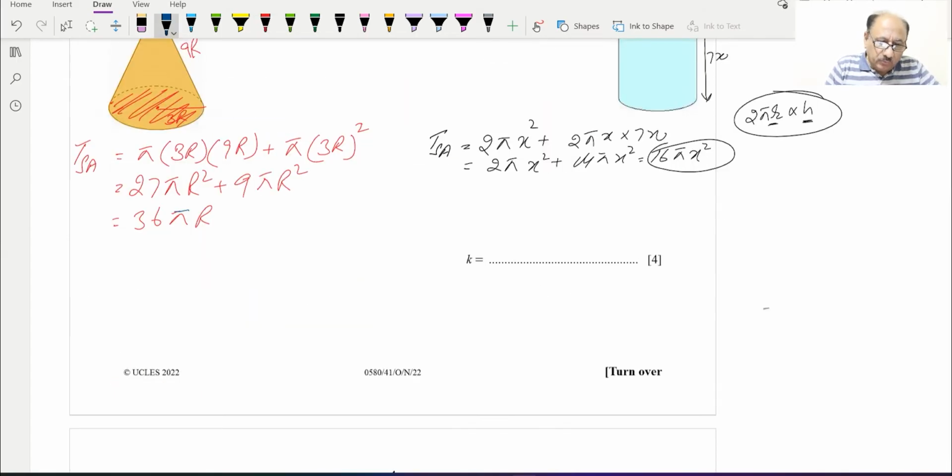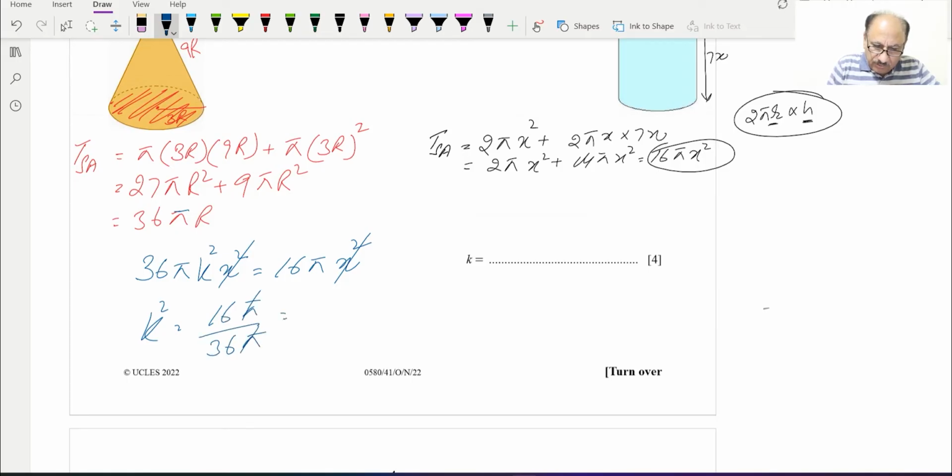By the condition of the question, we write 36 pi k square x square, substituting the r value, and this is equal to 16 pi x square. So x square can be cancelled with x square, so k square is equal to 16 pi over 36 pi.